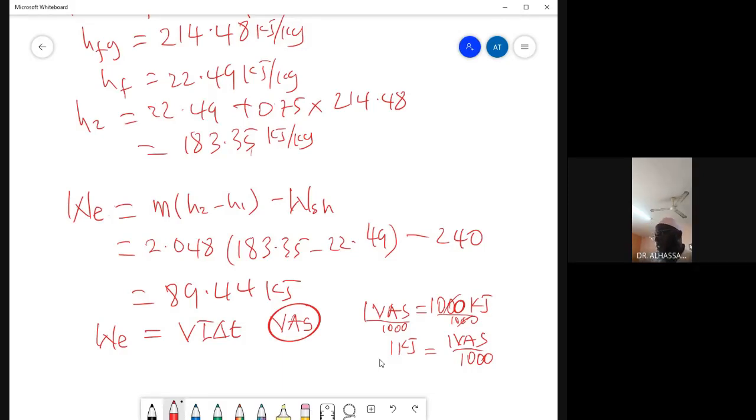If you have VAS and you want to convert it into kilojoules, you need to divide by 1,000.